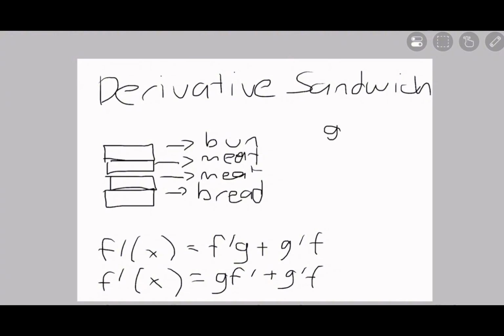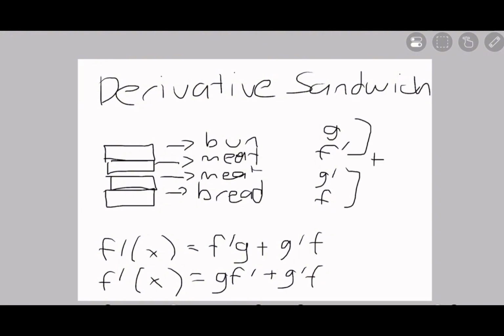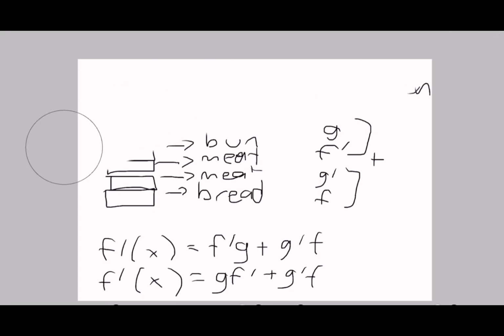So we have g, and then the next one is your derivative, and that can be the meat. Derivative of g and f. These would be multiplied, these would be multiplied, and in the middle you have a plus. So that's one way you can remember this derivative rule, and just keep that in mind.